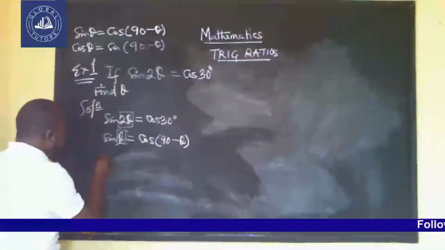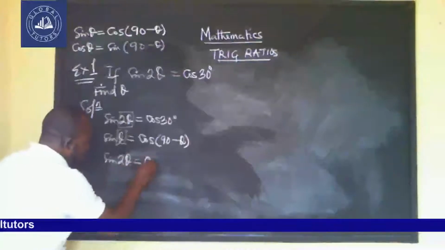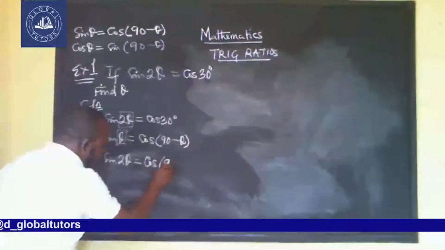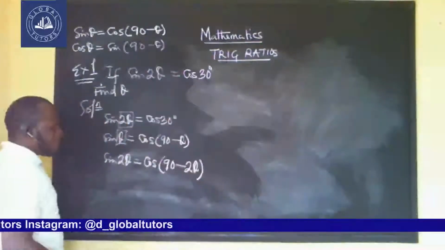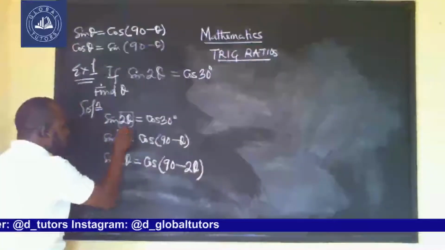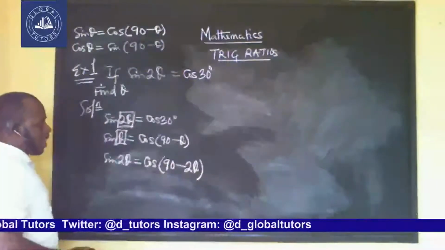So I can say sine 2 theta is cos 90 minus 2 theta. What have I done? I've substituted 2 theta for theta in the above.